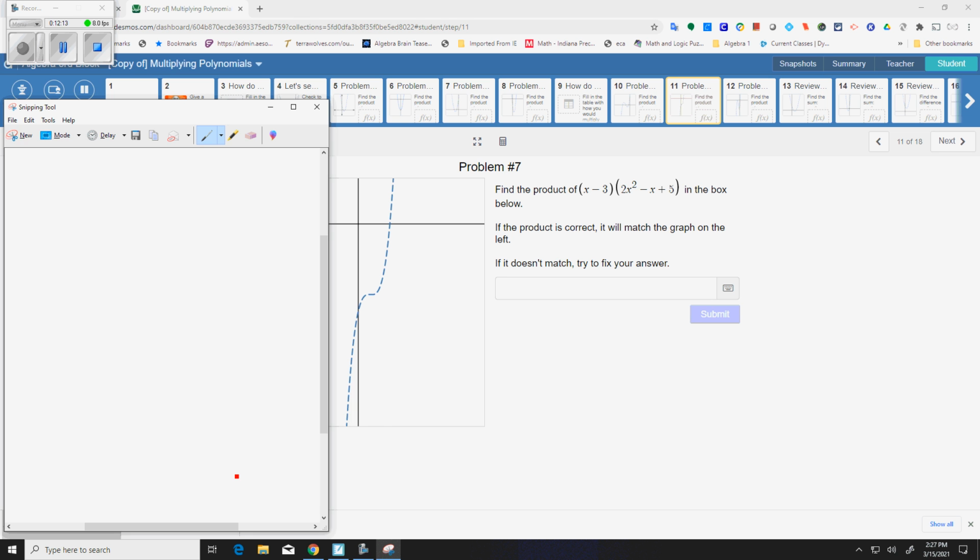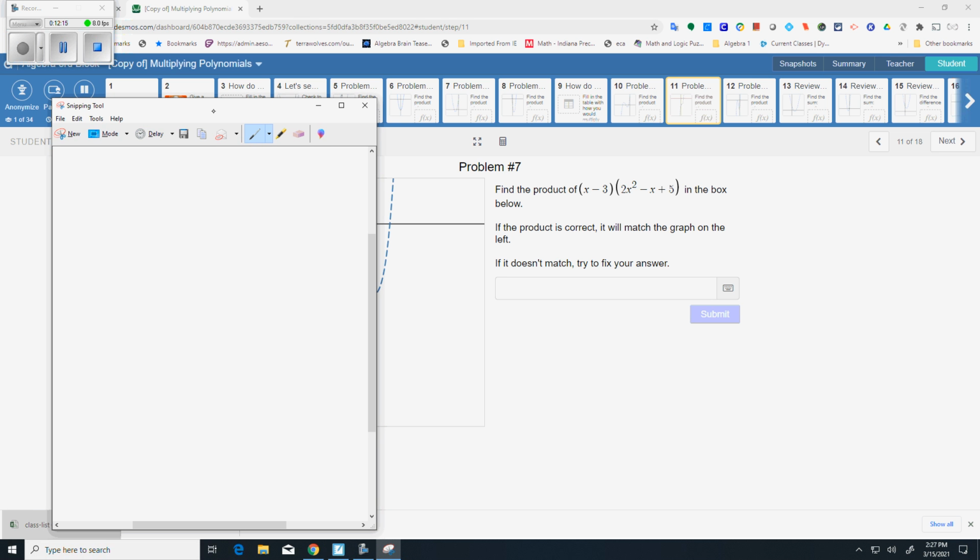So then on this one, we're multiplying x minus 3 by 2x squared minus x plus 5. x times 2x squared is 2x cubed, minus x squared, plus 5x.